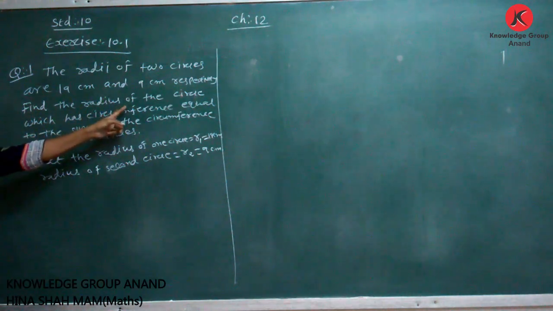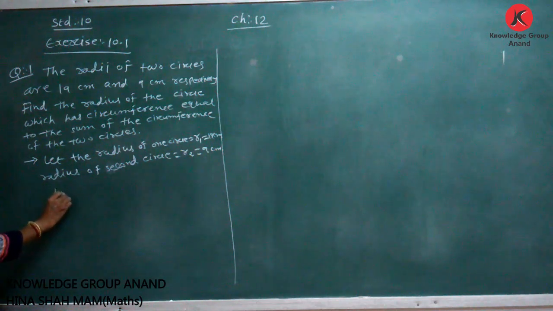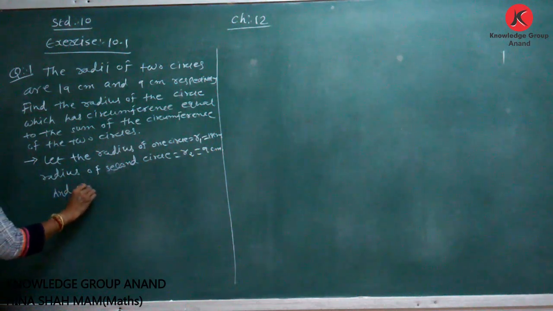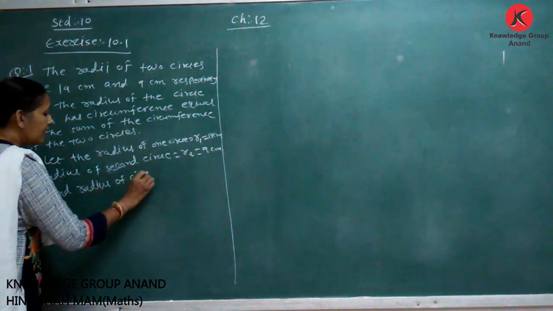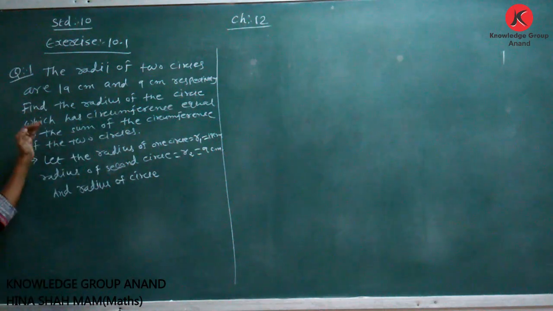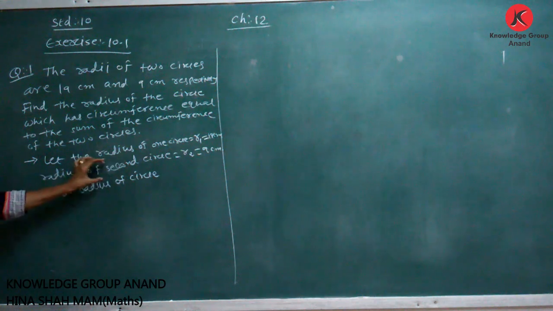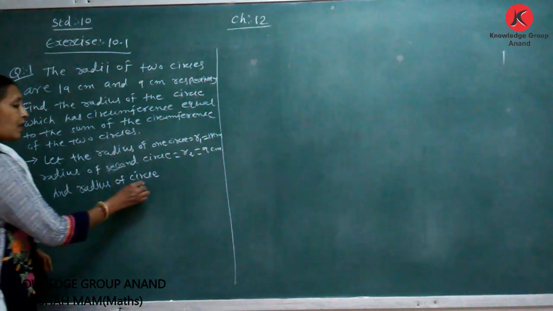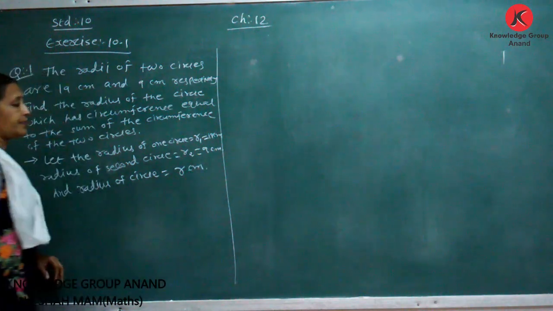Find the radius of the circle which has circumference equal to the sum of the circumferences of the two circles. So the radius of the circle is r centimeter.